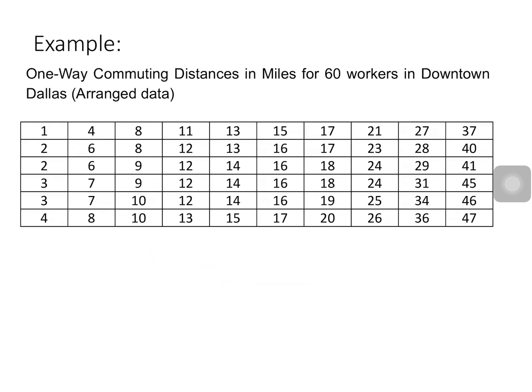So let us compute for the quantiles for this data. For Q1, that is n over 4, so that is 60 divided by 4. We have there 15. The 15th place is where? You have 12, 13, 14, 15. This is your Q1.